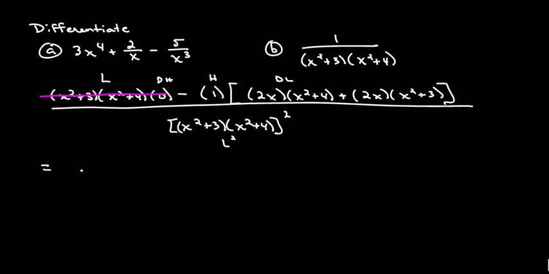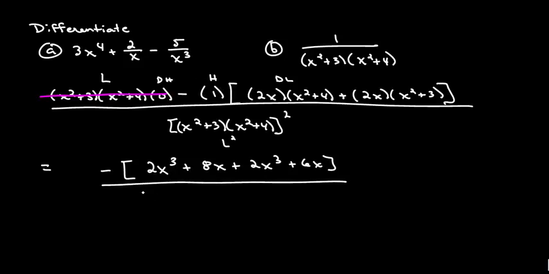Over here we've got an ugly mess. So I've got a negative 1 out in front of 2x to the third plus 8x plus 2x to the third plus 6x, and that is all over this guy at the bottom.